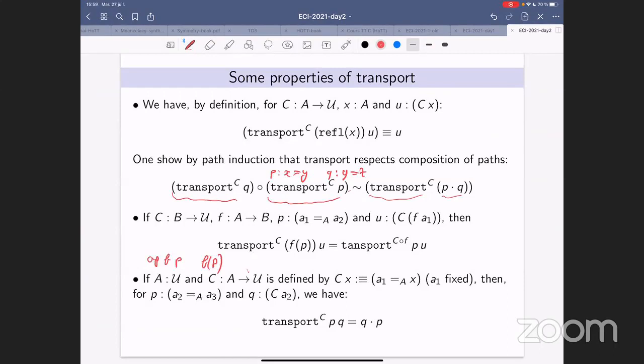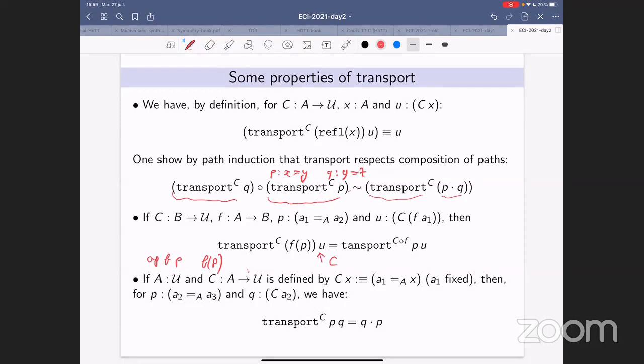That gives me a path from f of A1 to f of A2, which lives in B, and I can transport along this path with respect to the family C. So this u here is taken in C of what?